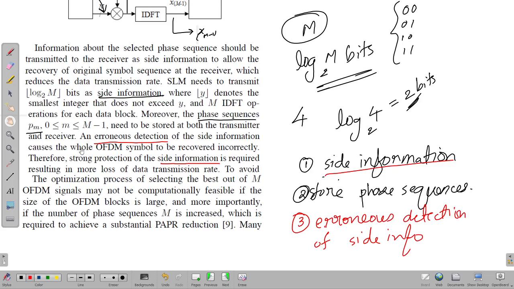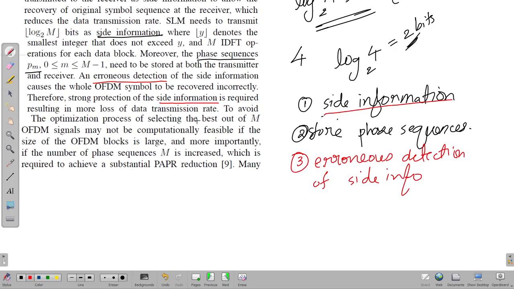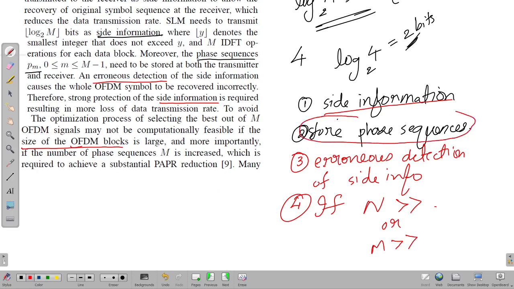Another disadvantage is that if the size of the OFDM block N is large, or if the value of M is large, then you need more memory and your storage is going to increase.